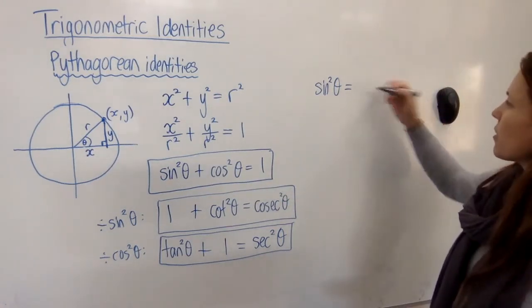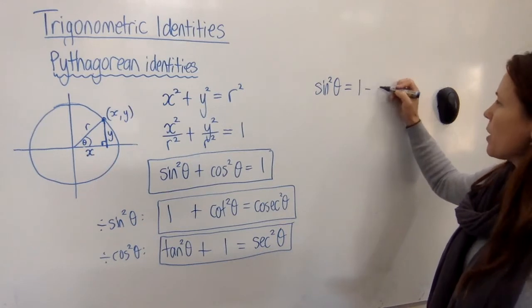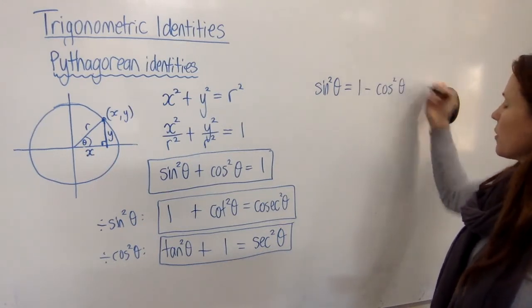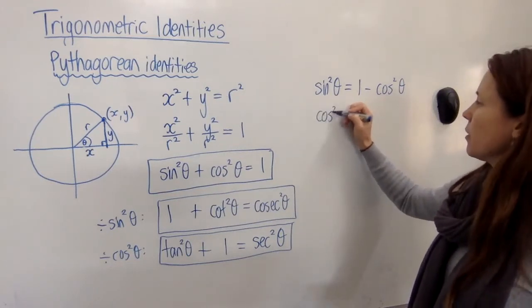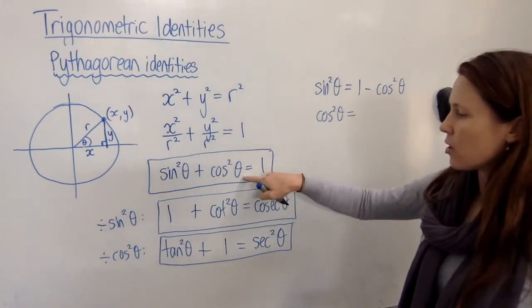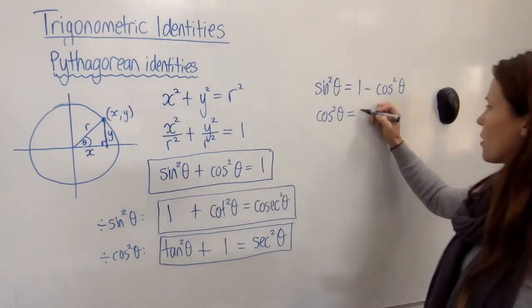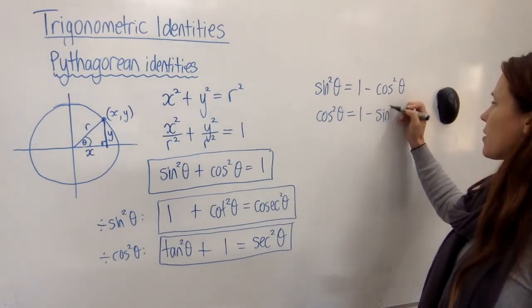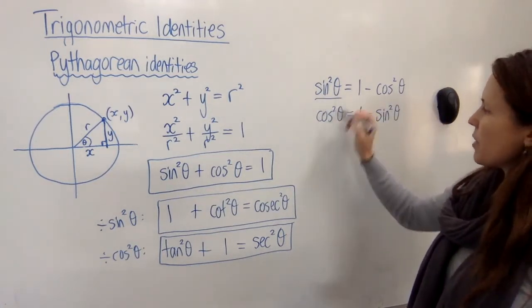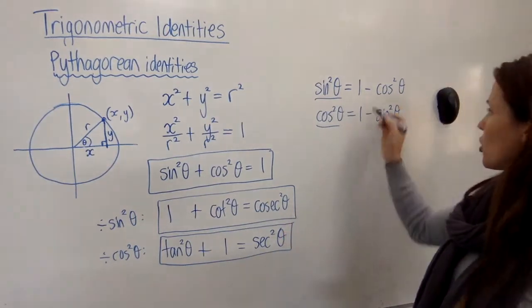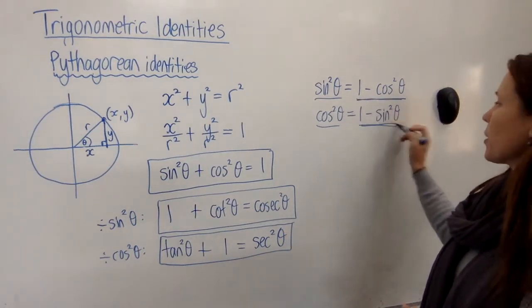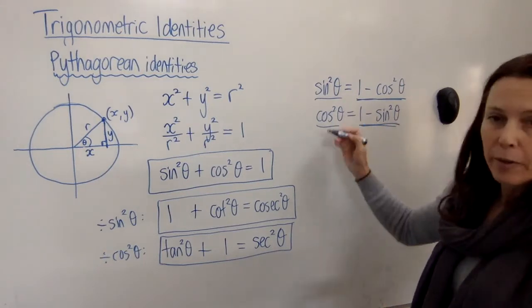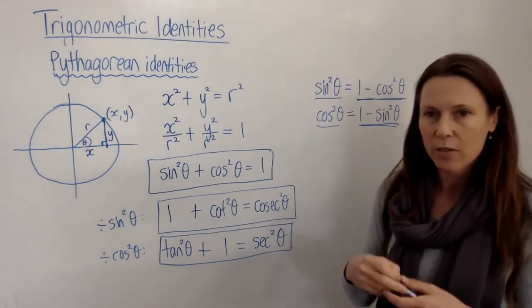So it stands to reason that sine squared theta is equal to 1 minus cos squared theta. Similarly, if you wanted cos squared theta on its own, then you could take this equation and subtract sine squared theta from both sides, and you'd get this. So if either of these two pop up in an equation and you need to change them to these, you can. Or if either of these two pop up in an equation and you need to change them to those, then you can. And that's how we generally use them.